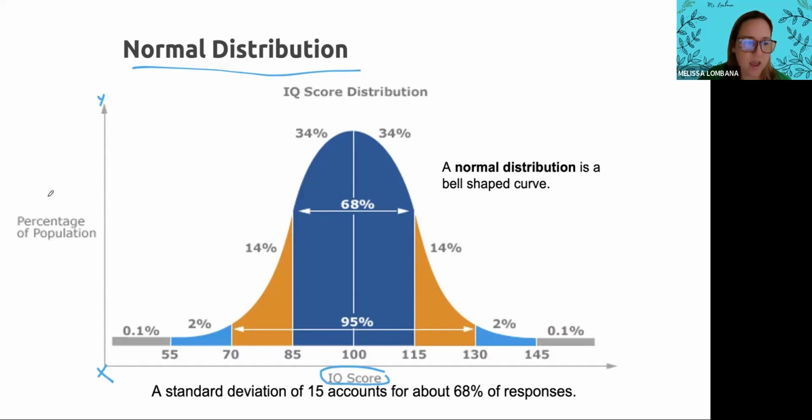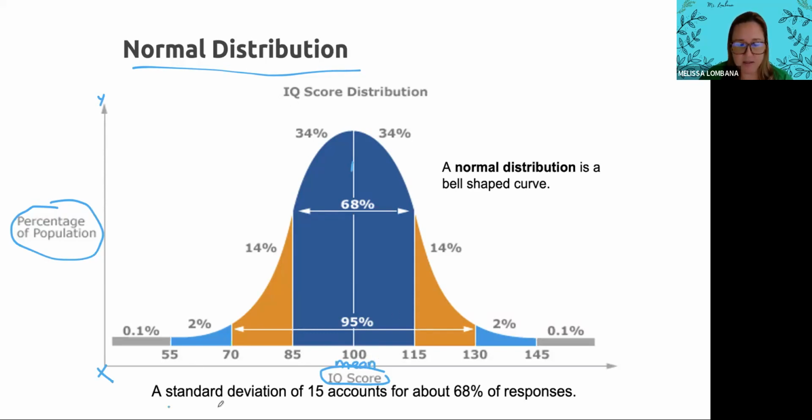Write that down, and this is basically the percentage of the population. Please don't make this small because you're going to need to know these numbers, okay? Since it is a normal distribution, I look here, and this means that the 100 is my mean. So write that down, that the 100 is the mean.